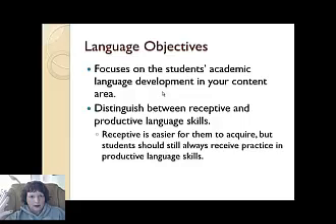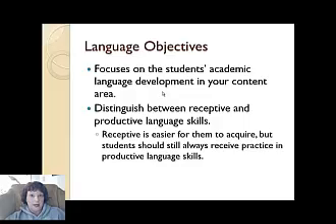So you need to specify that not only in your lesson plan, but also share with the students what their language objectives are going to be for the day. So the language objectives focus on the student's academic language development in your content area. So you want to make sure that the language objectives aren't something that they already know how to do, but are something that they're progressing with, or may even be something that they're being introduced to for the first time.